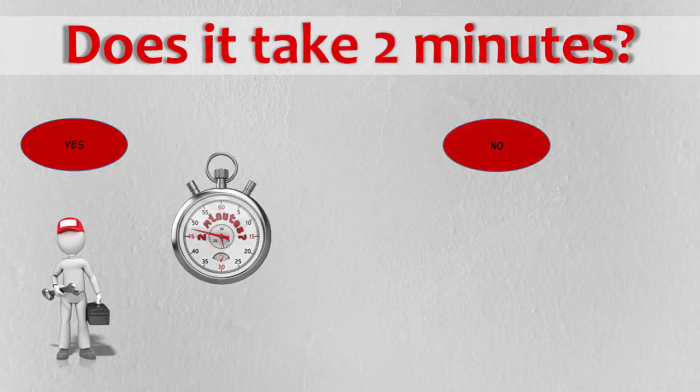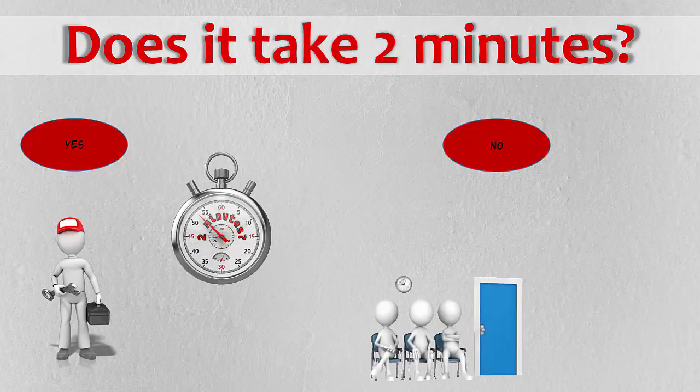But often there are also things that cannot be done in 2 minutes. And then there are different choices. First of all, you might not be able to do it within 2 minutes because you are waiting for something. So it means the next step is not yours, it's somebody else's. For example, you're waiting for a quote so that you can decide on which craftsman you want to take for something.